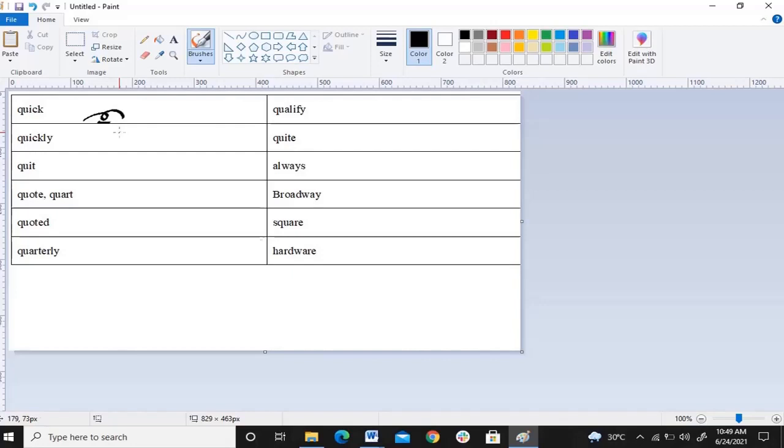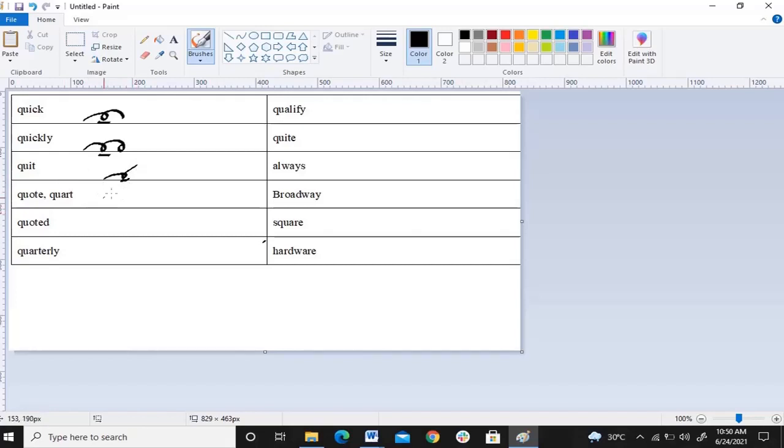Okay? So, para mas maintindihan, let's move on. We have quickly. So, quickly, we have K, E, K, and then yung inyong li sound is the same with E, and then here you put your W sound. Next, quit. So, kit, and then we put the W there, it's quit.